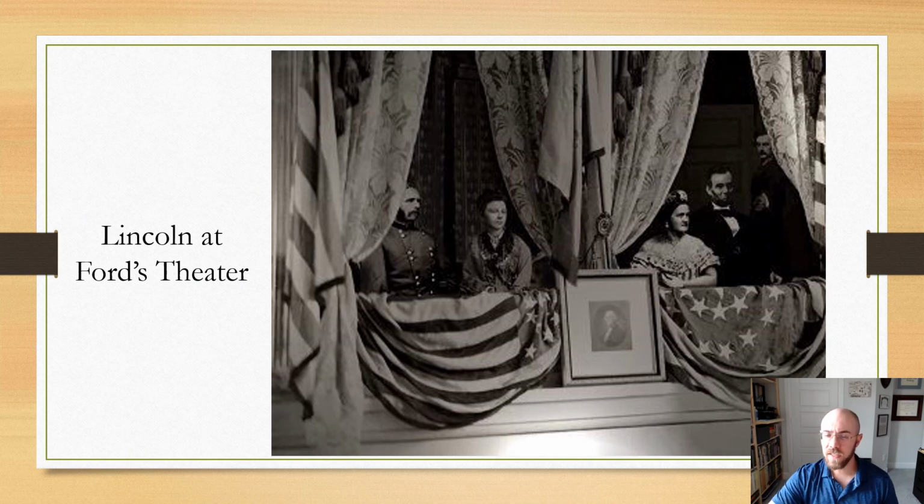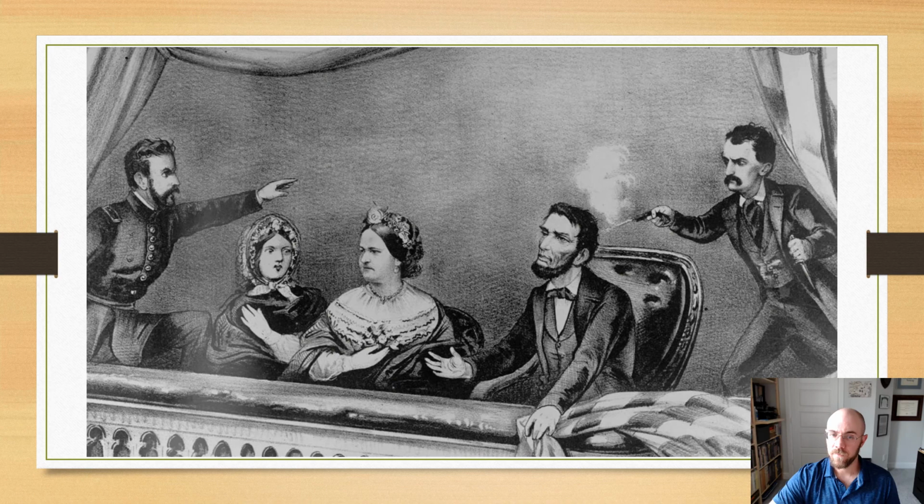Now, Lincoln's victory was short-lived because of John Wilkes Booth's assassination of Lincoln at Ford's Theater. So he snuck in behind Lincoln. Lincoln's guards were off drinking in celebration across the street, and Lincoln will be killed as a result of the assassination.